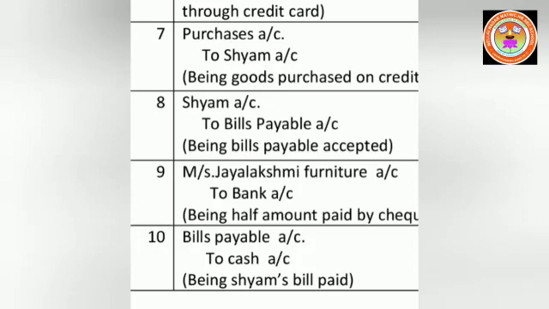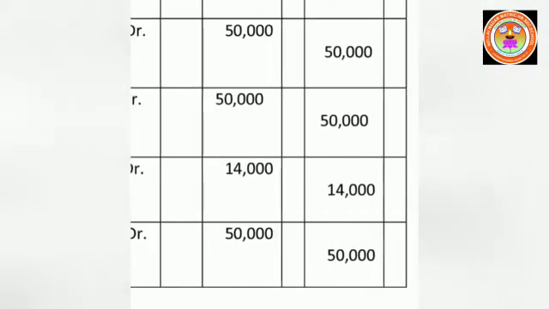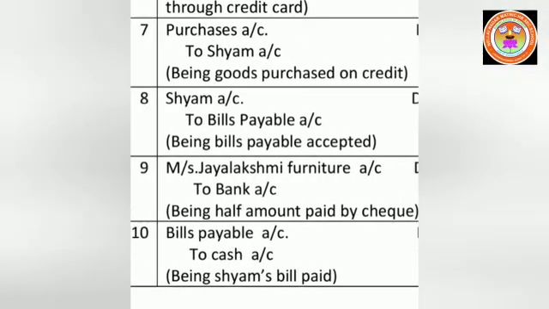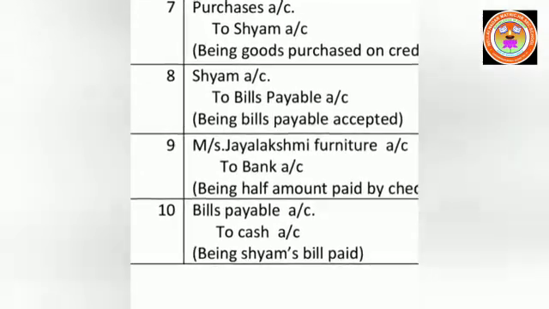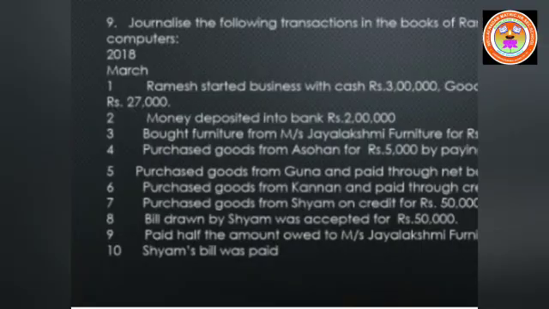Those bills are known as bills payable. That is your liability, so that liability bill should be credited till the payment of amount. So to bills payable account, amount is rupees 50,000. Do you understand? Then write the narration being bills payable accepted.